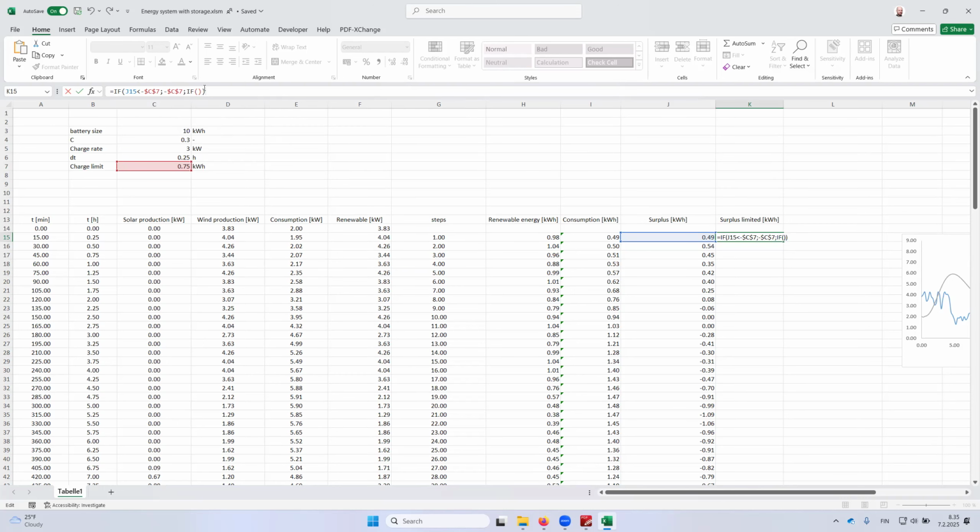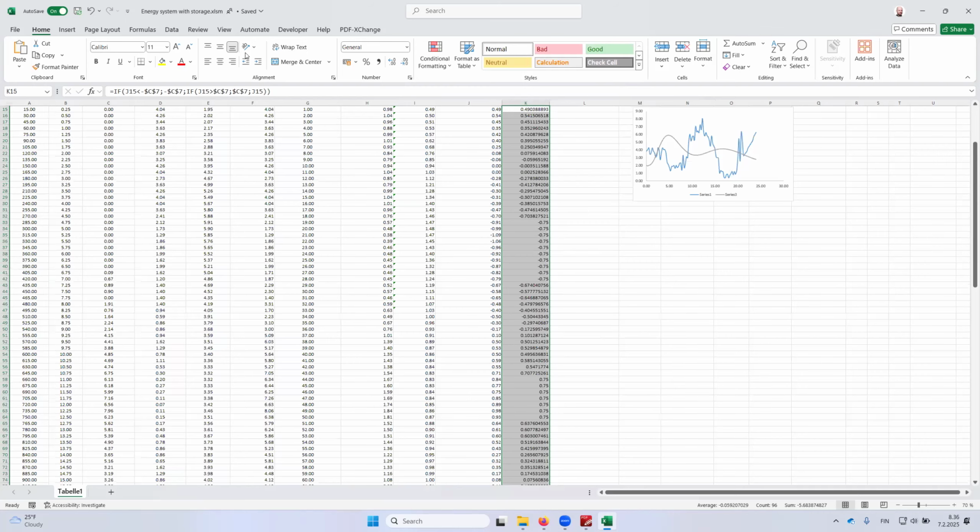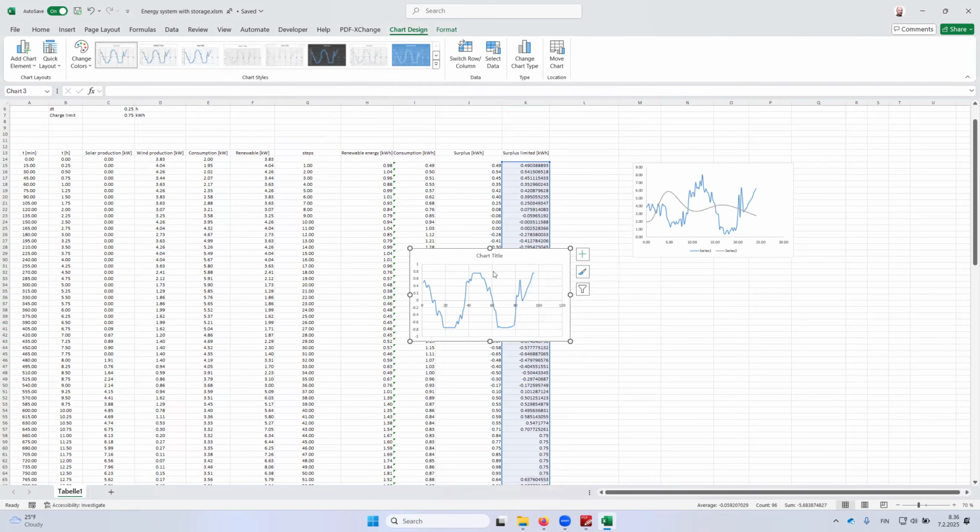So if this one is higher than this value, then you're going to give me this value. And if not, then it's going to be this surplus. Now if I draw this, you can see that it's limited during these moments where it before had a larger spike than our battery could have handled. So now it's limited.